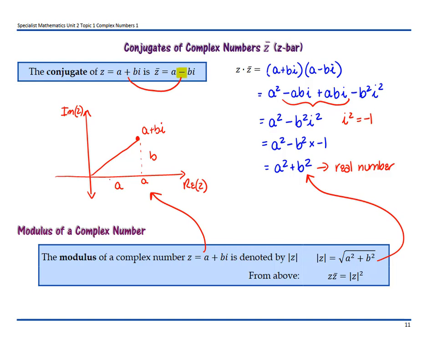Because this would be my a, and this would be my b. So that there is our modulus, which of course, using Pythagoras, is the square root of a squared plus b squared. So you can see where that's coming from, and this will make more sense when we get to graphing. So you should see the relationship to vectors. It's just we're talking about a real axis and an imaginary axis, our real numbers versus our imaginary numbers, or our real parts versus our imaginary parts.